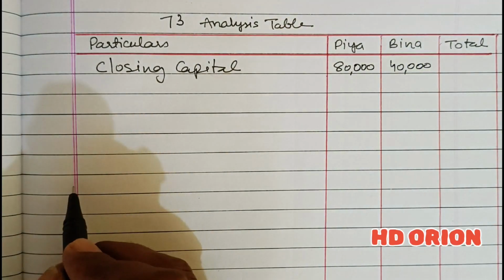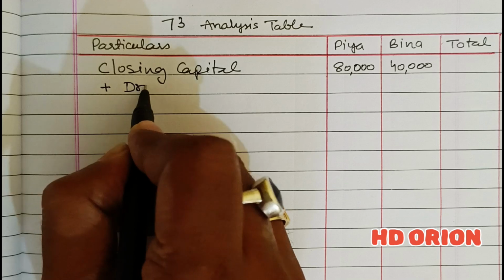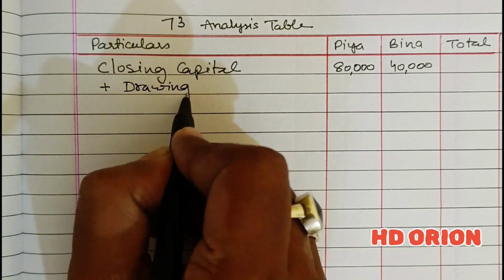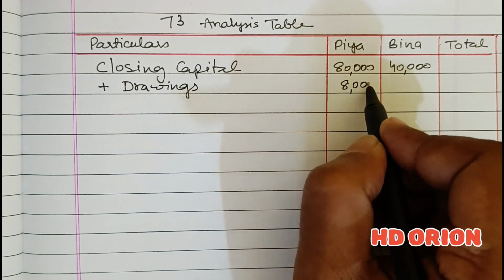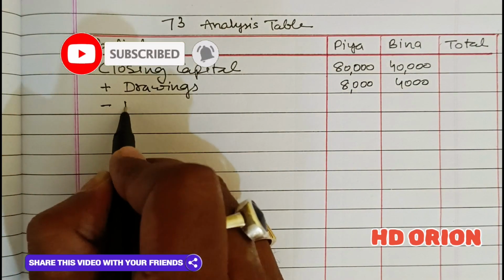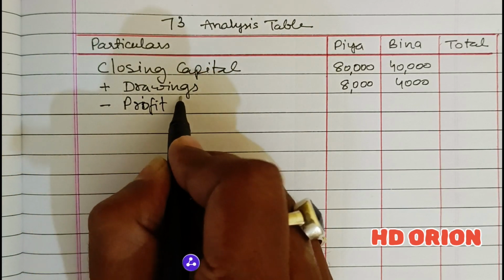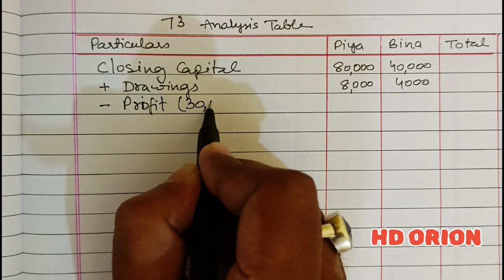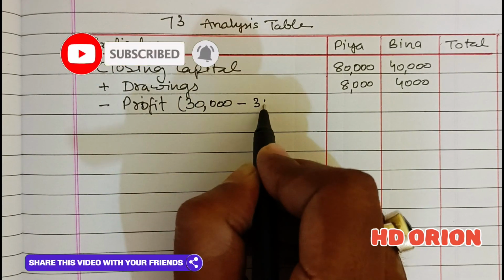Now this figure has been arrived after deduction of drawings. So we will add back drawings. Fine. And drawings are rupees 8,000 and rupees 4,000. And profit is also given to them. Profit, that is rupees 30,000, has been given to them in their profit sharing ratio, that is 3:2.